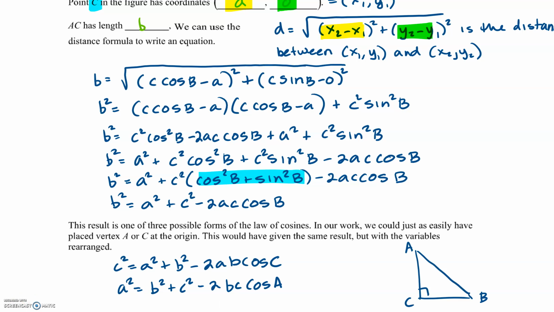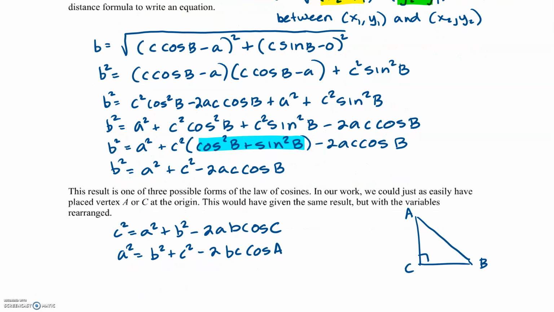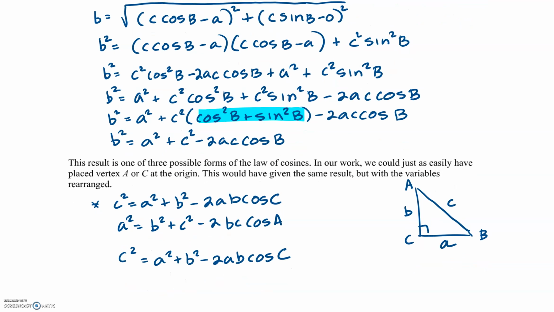And you can see here that if C is 90 degrees, we'll put C in the vertex using this one. You would have C squared equals A squared plus B squared minus 2AB cosine of C, big C. This will be little c, this will be little b, this will be little a, and you would have C to be 90 degrees, which is what we usually do. We let C be the 90 degrees when we have a right triangle.